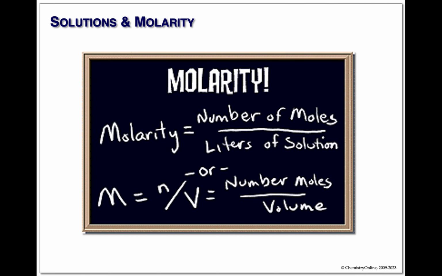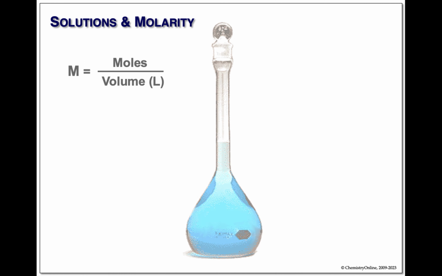The way that we do this in lab, we use what's called a volumetric flask. Volumetric flask is an expensive piece of glassware because this is a 1 liter volumetric. It has a little line etched in it. That etching is done by hand.